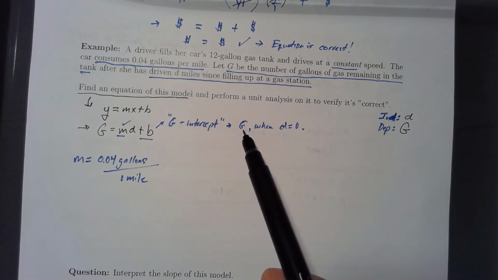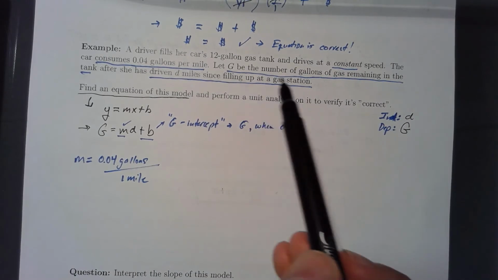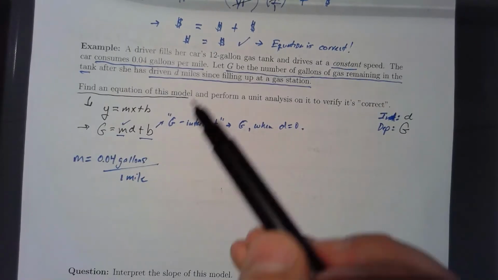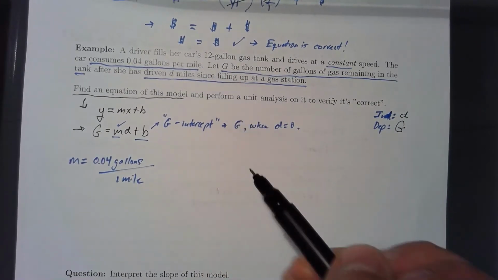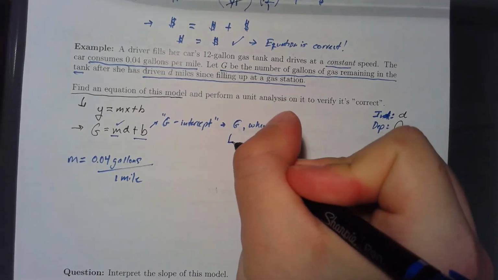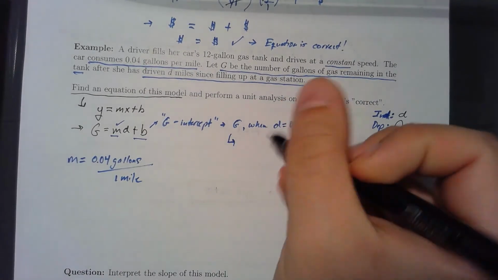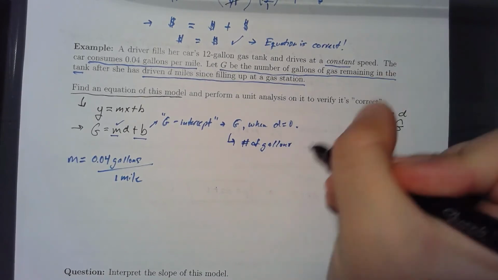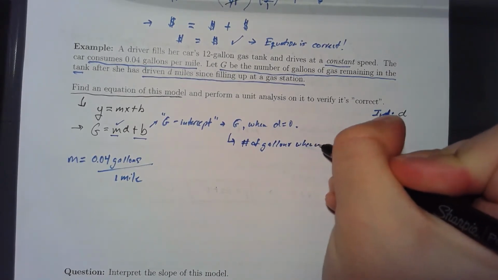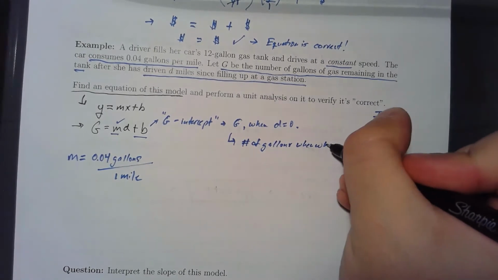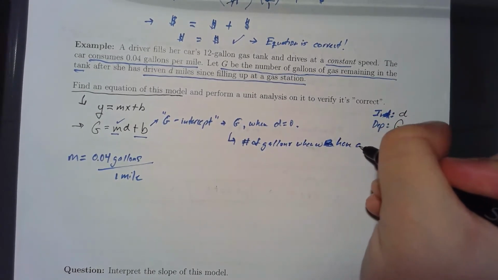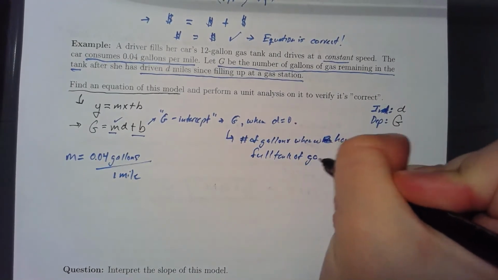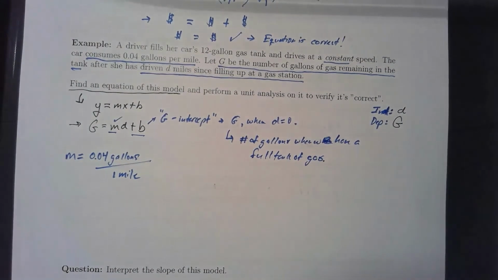That means G is going to be the number of gallons in the gas tank when the tank is full. How big is the gas tank? 12 gallons. So this is the number of gallons when we have a full tank of gas, because we haven't driven since we filled up.